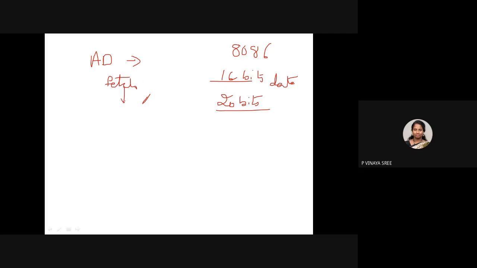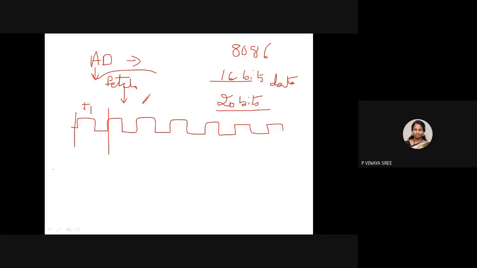For fetching, you must get the data. For the first clock cycle, this is your clock cycle that I already discussed, but I am repeating once again. For T1, address will be activated. You should explain this AD0 to AD15 with the help of a diagram.